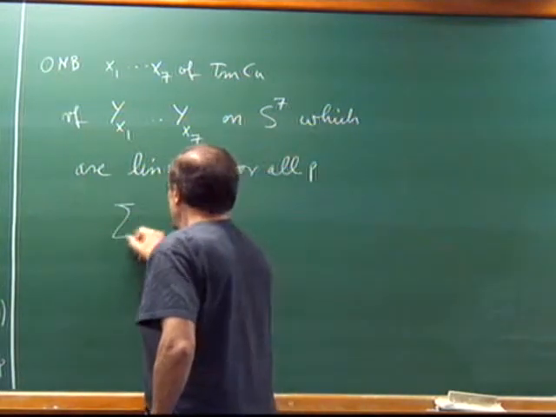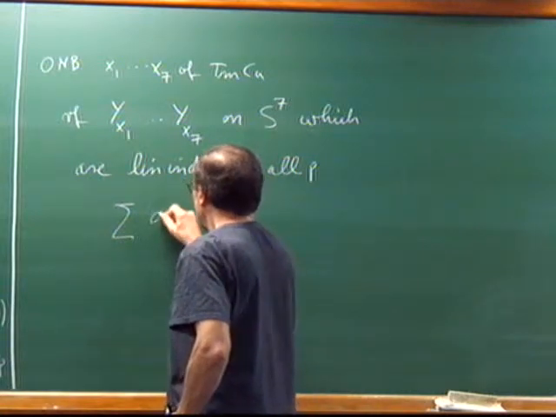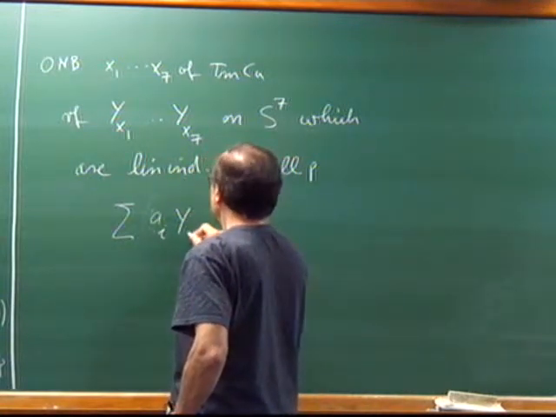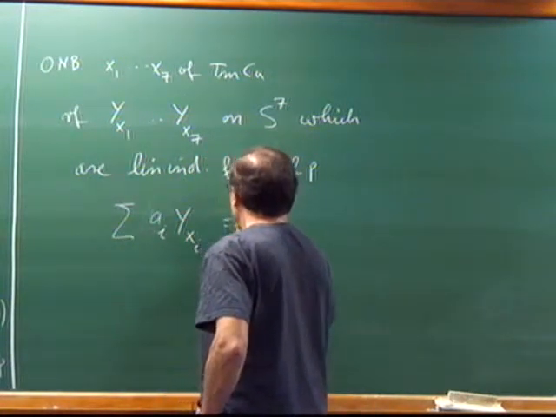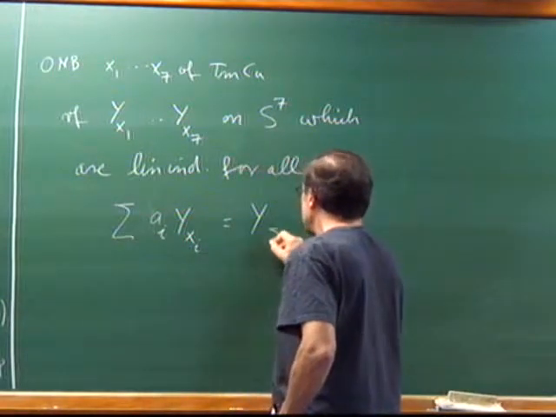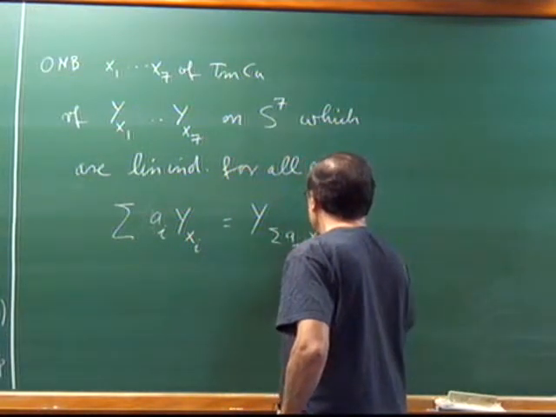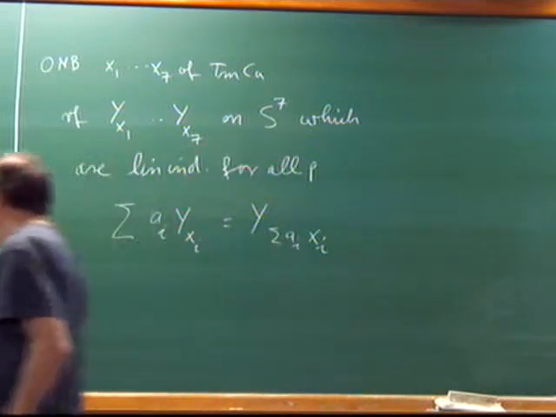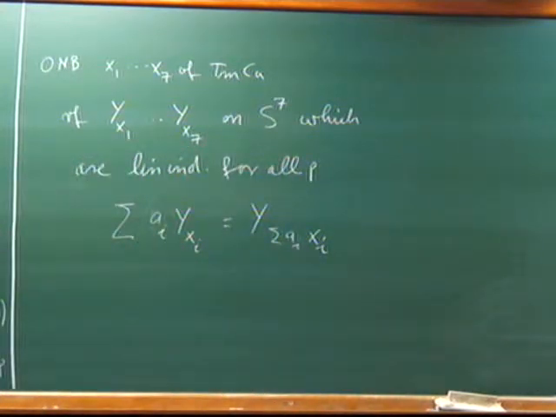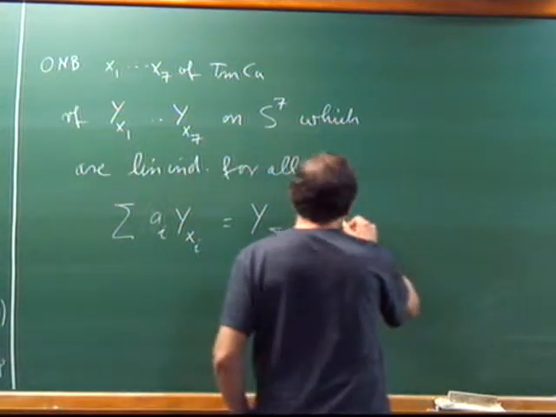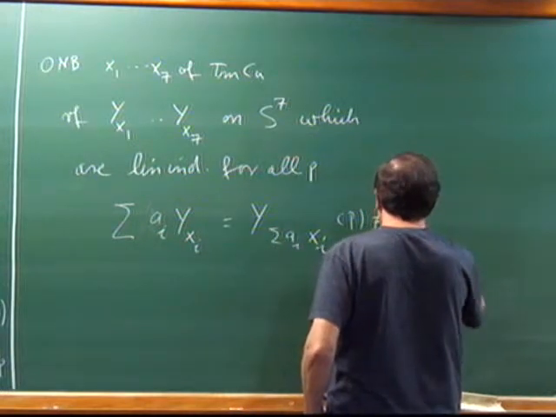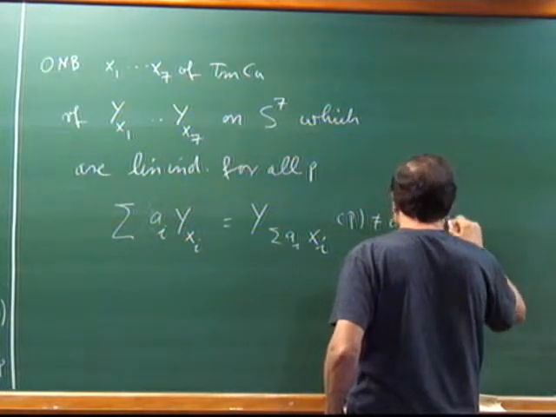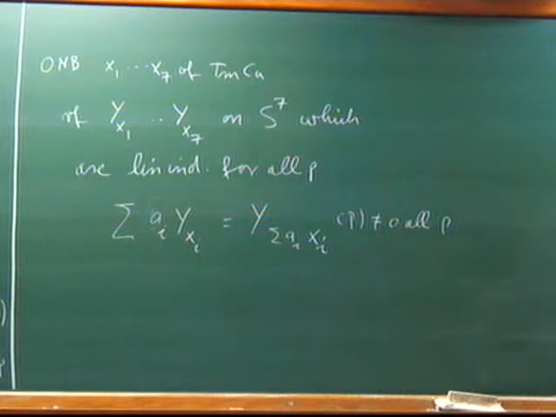Right, because if I take a linear combination sum a_i Y_xi, that's Y of the sum a_i x_i, from the way it's defined. And of course this is non-zero for every point p. So that's again an imaginary Cayley number.